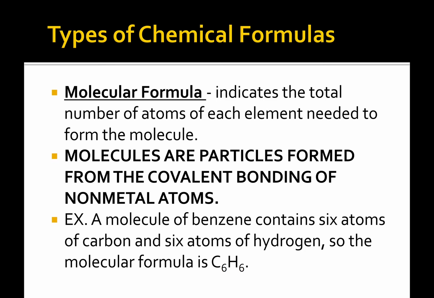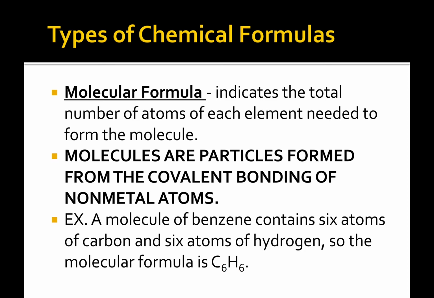Molecular formulas indicate the total number of atoms that each element needs to form the molecule. So this is not an empirical formula. This is a molecular formula indicating the actual amount that we need to form the molecule. Remember, molecules are the particles that result from the covalent bonding of nonmetal atoms.